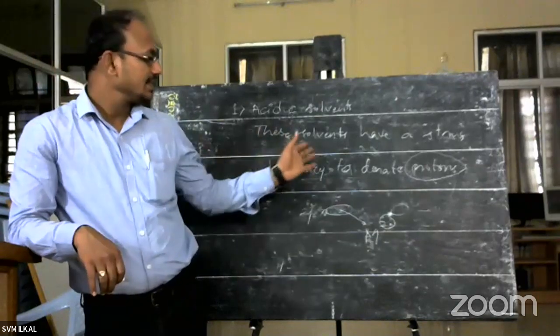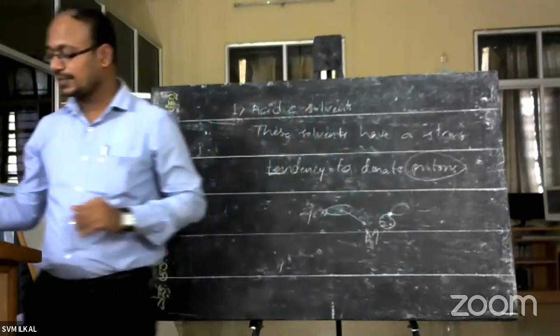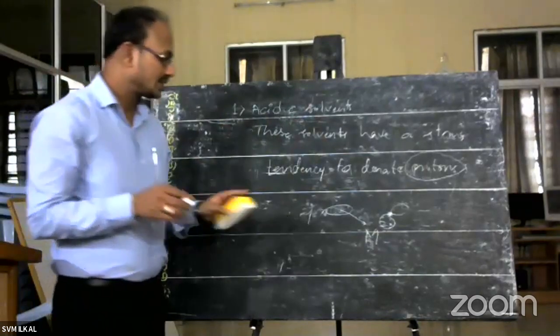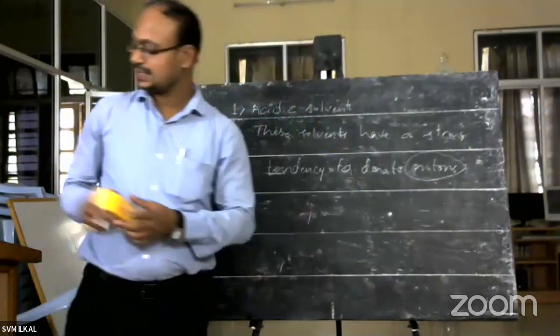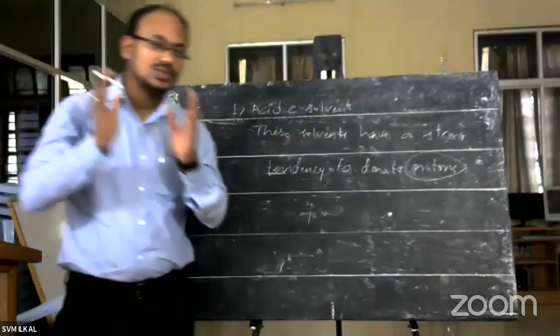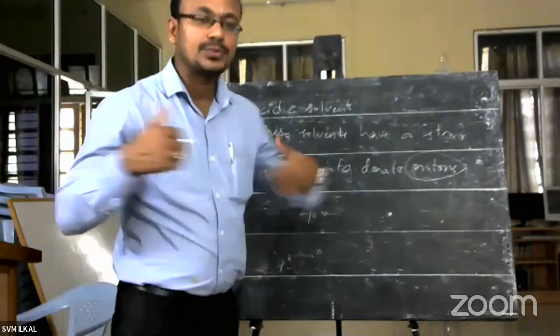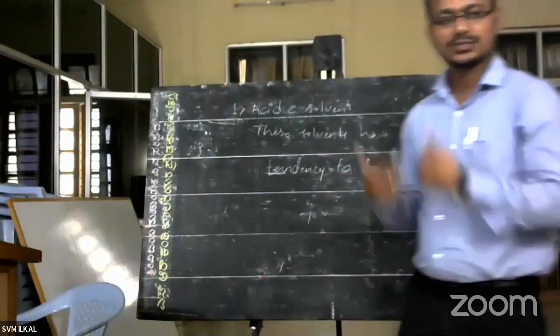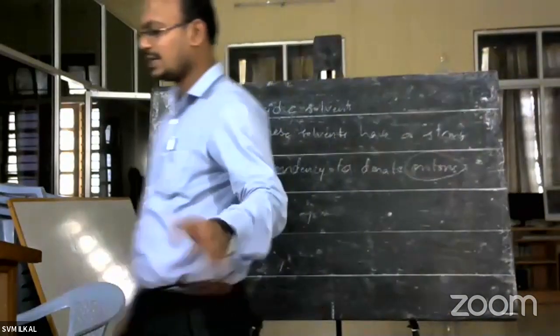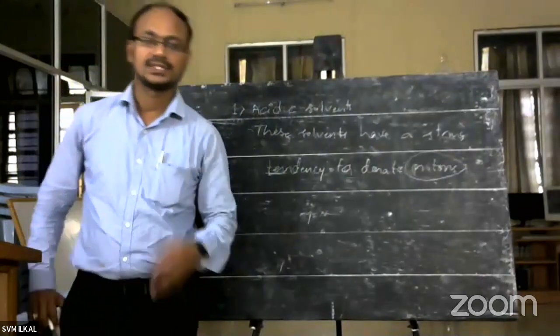Now let us see what exactly an acidic solvent means. As I told you, these are solvents that have a strong tendency to donate protons. The solvents having a strong tendency to donate protons, we can simply call an acidic solvent.